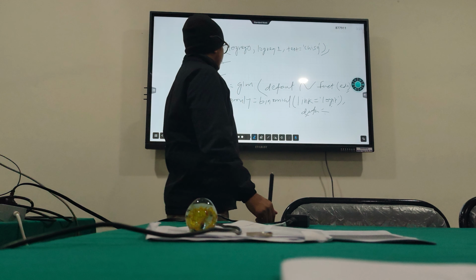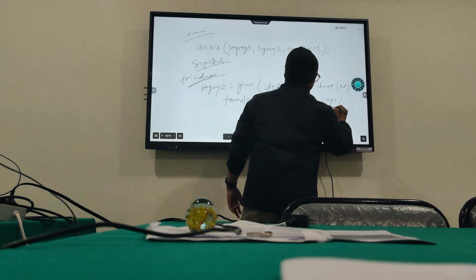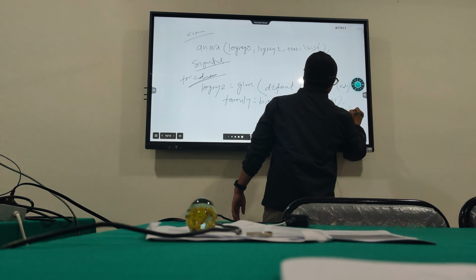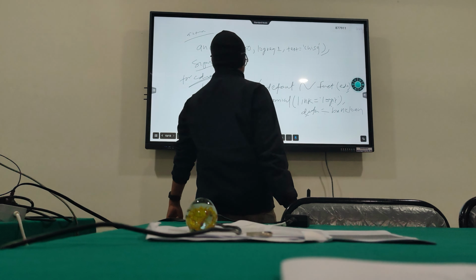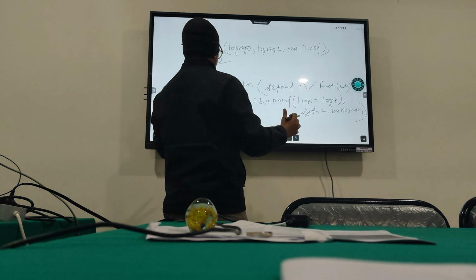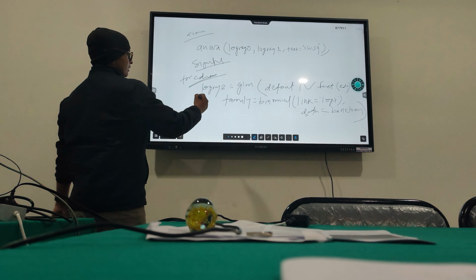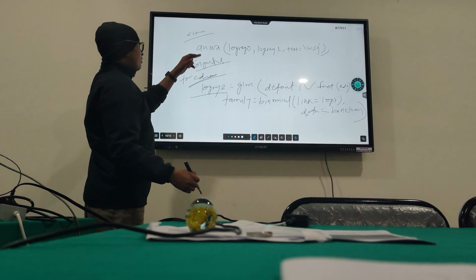Okay, so data equals to bank loan data. So you can look, we have taken another variable in our model.